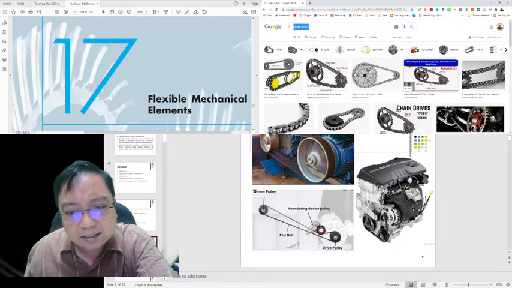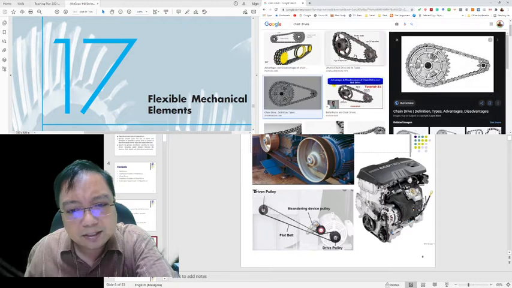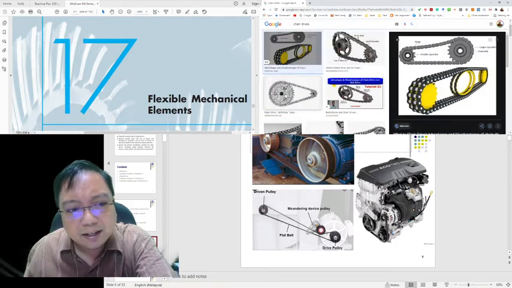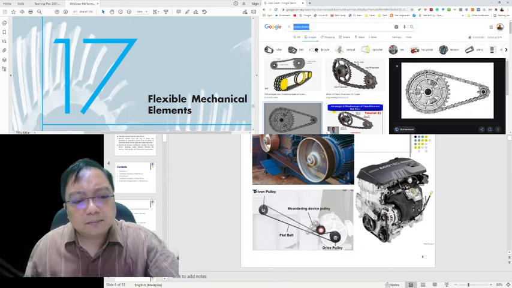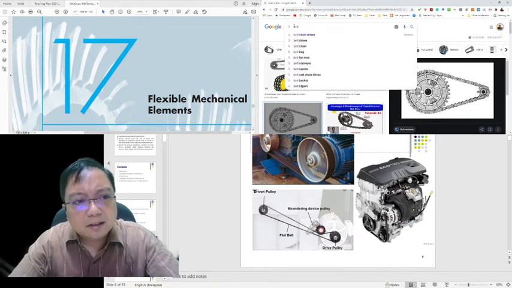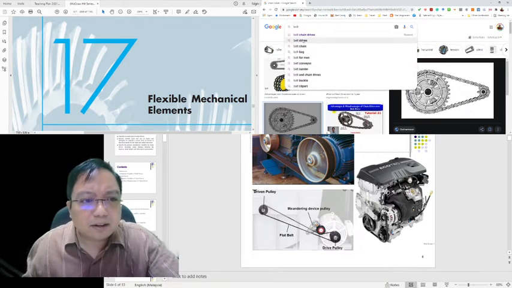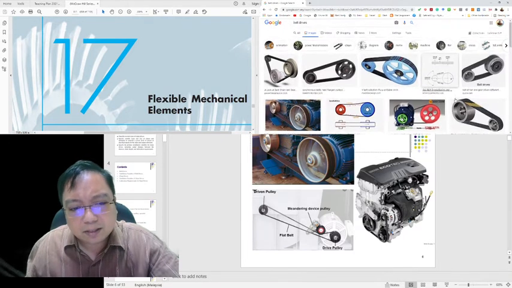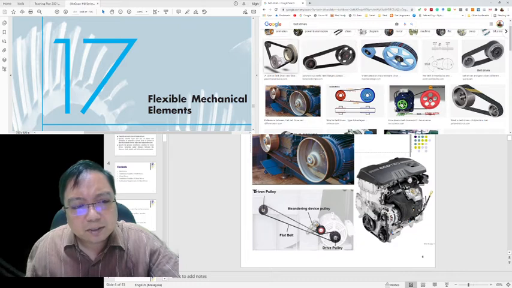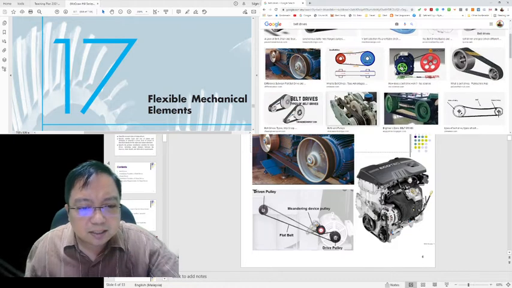This is the chain drive, and you can see the types of chain drive. And this is the belt and pulley, the belt drive. You can see here the types of belt drive. This is the pulley, this is the belt drive, and everything you can see in Google.